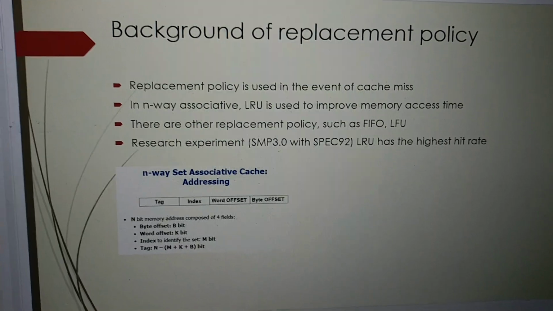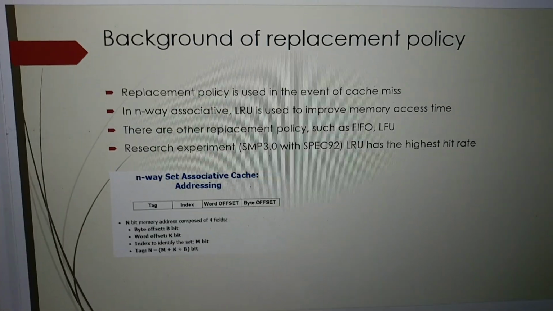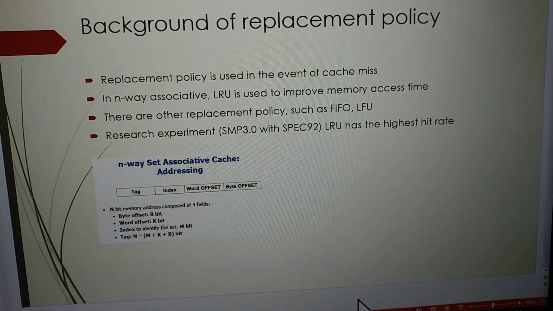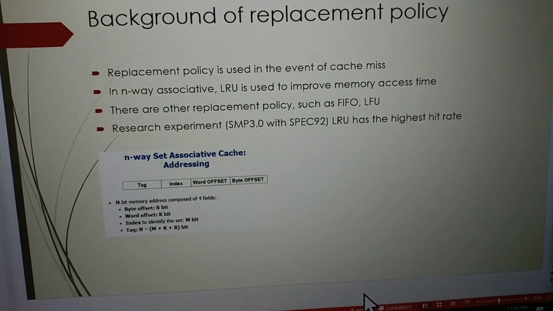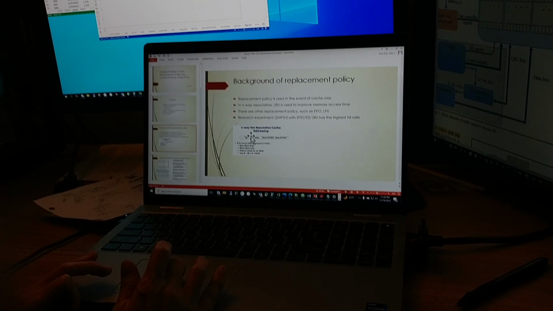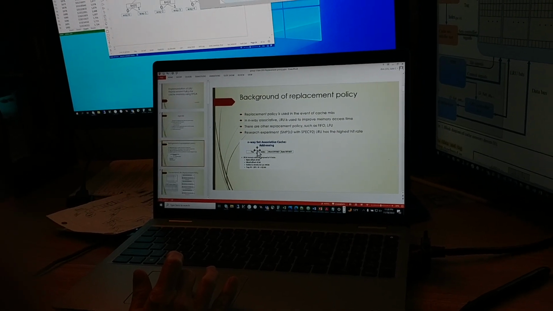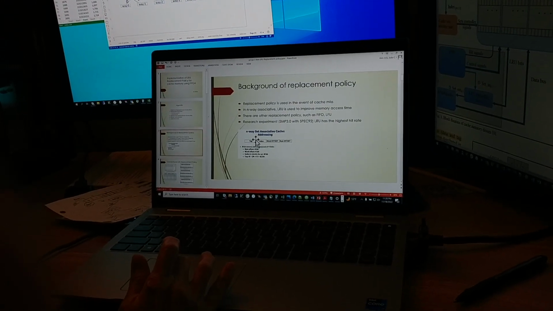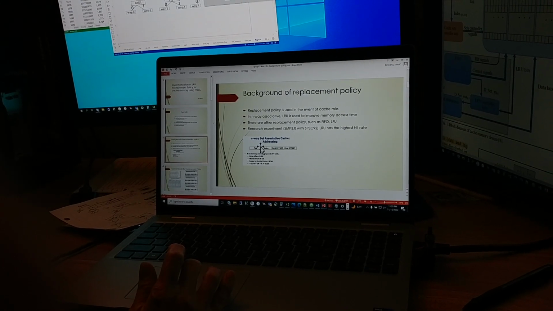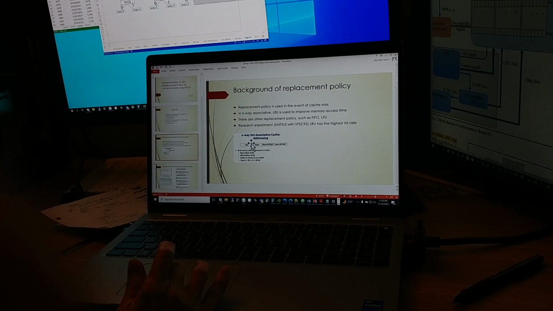So a little bit of the background. The replacement policy is used in the event of a cache miss, and for the project I'm going to use it in the 8-way associative LRU, and it is used to improve the memory access time.